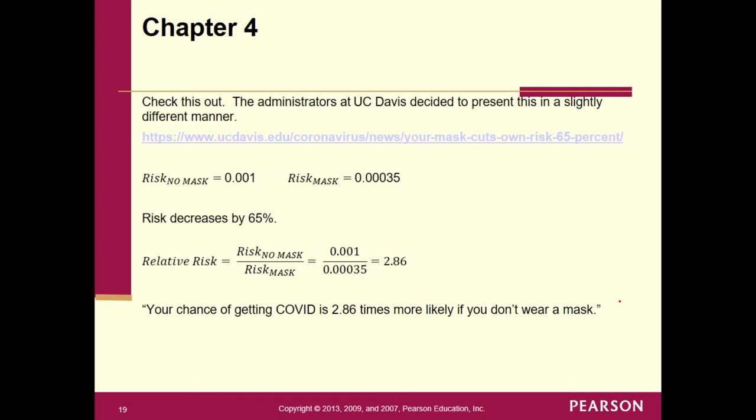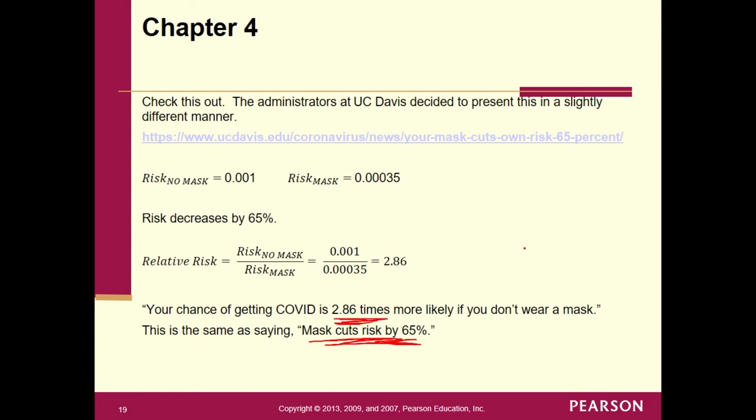They could have stated it like that, but they decided to say it as mask cuts risk by 65%. Now, in your mind, which one is more powerful? Obviously, the folks at UC Davis think that saying this is a more powerful statement and it'll get across to people. But a lot of times the media will present it like this, and I don't know.